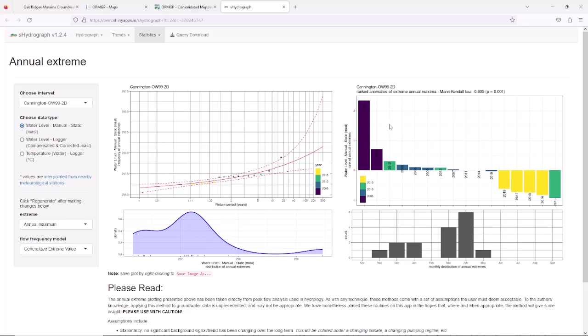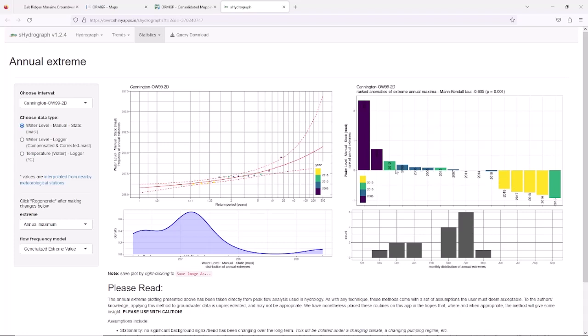The graph in the upper right is showing the anomalies of annual water levels relative to a mean. So here's the zero line. If a year plots above that zero line, then that year the water levels were higher than the mean. If it's below, then the water levels were below the mean.